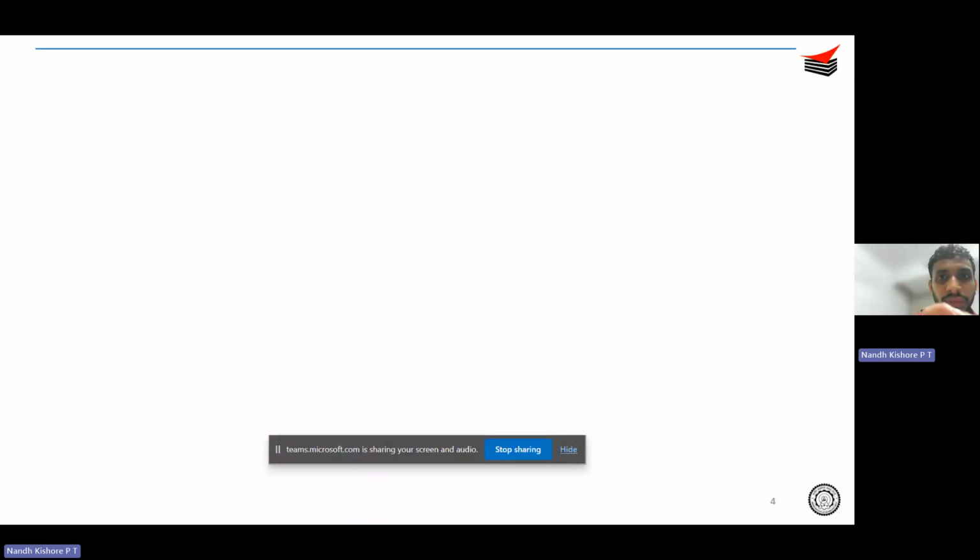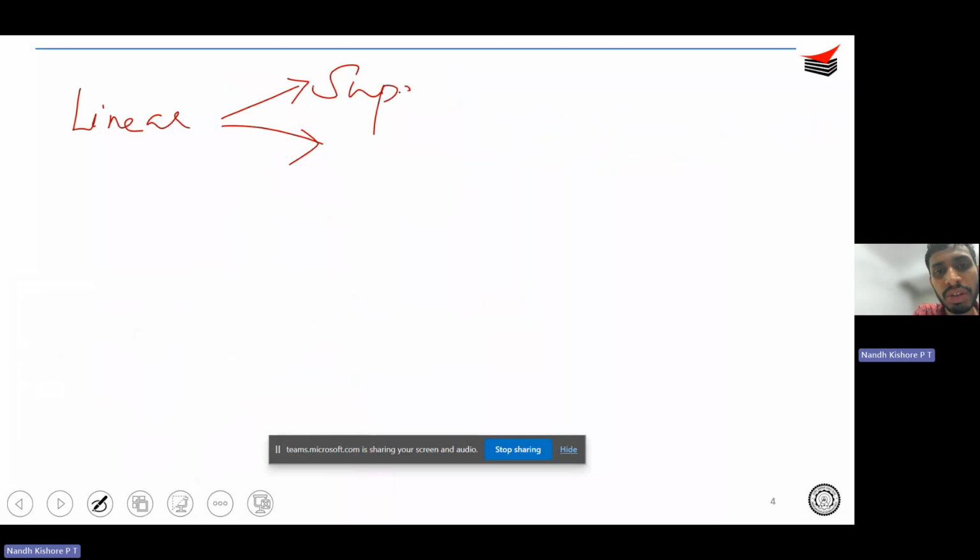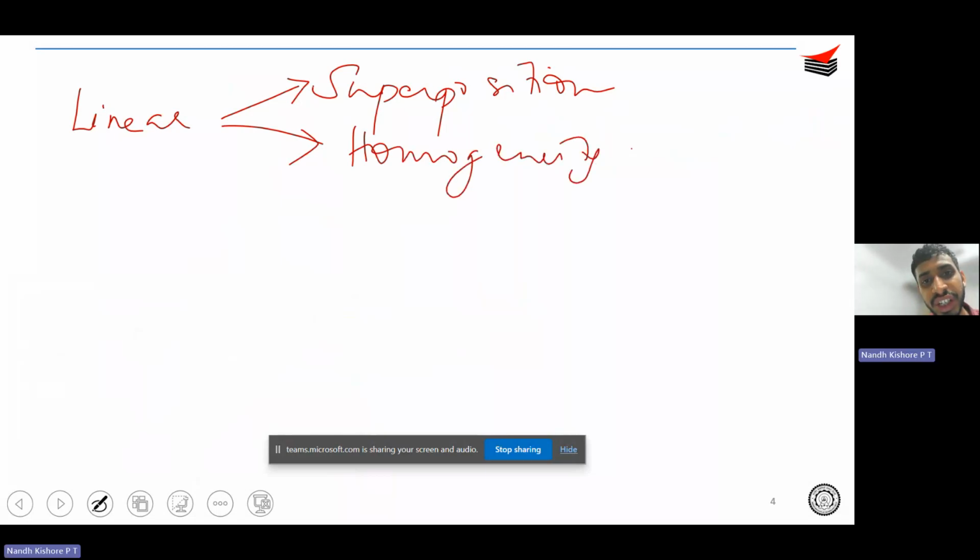So, what you know is that in case of a linear system, you of course know that you have what is known as your superposition principle, and you know that it needs to satisfy the principle of homogeneity. So what do you mean by either of these?